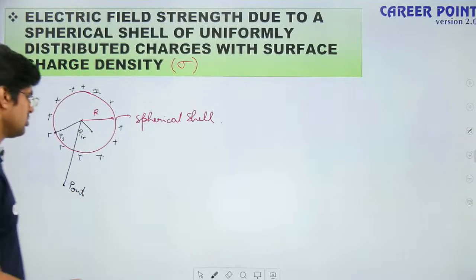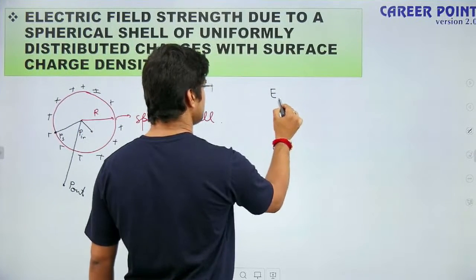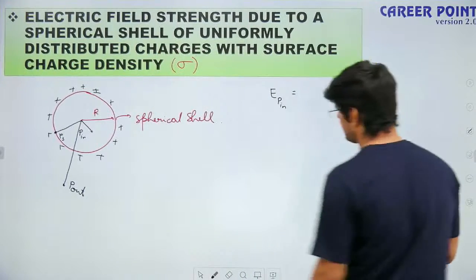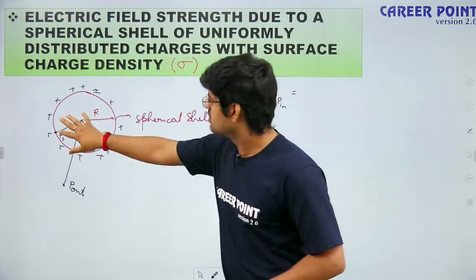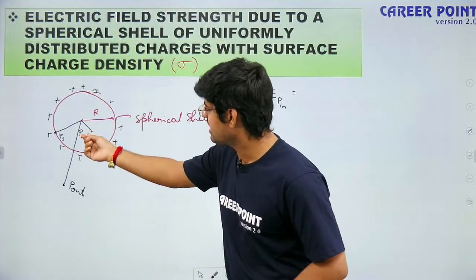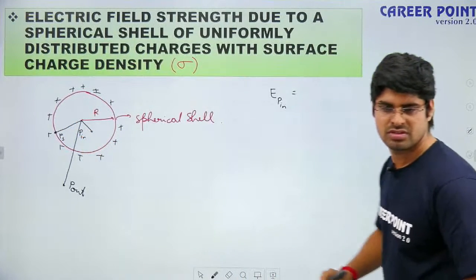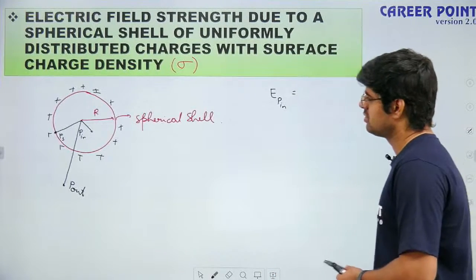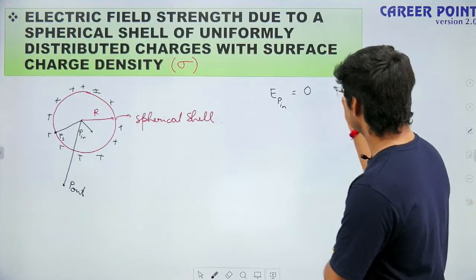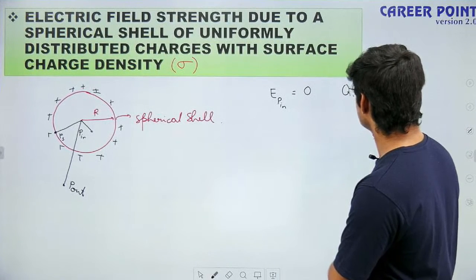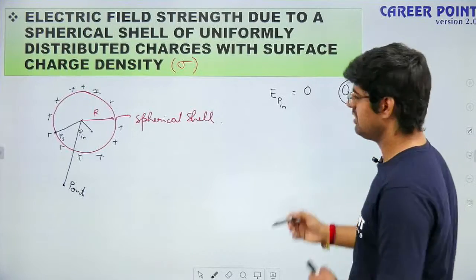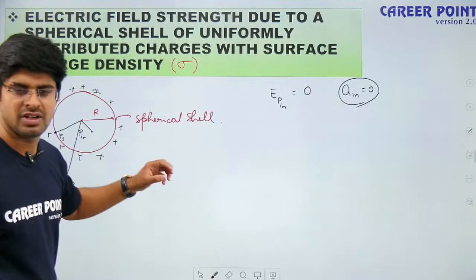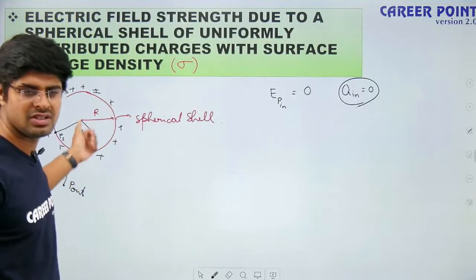Now the electric field at P in, due to this spherical shell at the inside point, will be how much? It will be 0. Why? Because Q inside is equal to 0. If there is no charge inside, there will be no electric field due to this spherical shell, because the whole charge is distributed at the surface of the spherical shell.